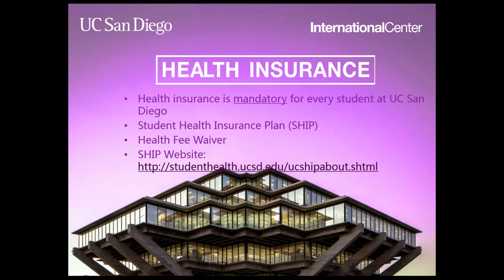Refer to the Student Health Insurance Plan website for details about cost and the requirements for a waiver if you are already insured under another plan. Please note that the effective date of the health insurance policy is important. SHIP coverage starts on September 21st, so if you plan to arrive in the United States early, you should plan to be covered with other insurance, for example, travel insurance, prior to the SHIP coverage start date of September 21st.